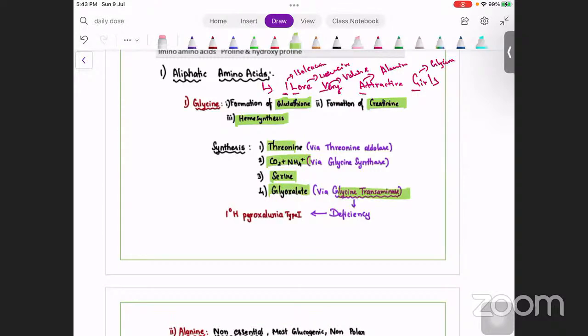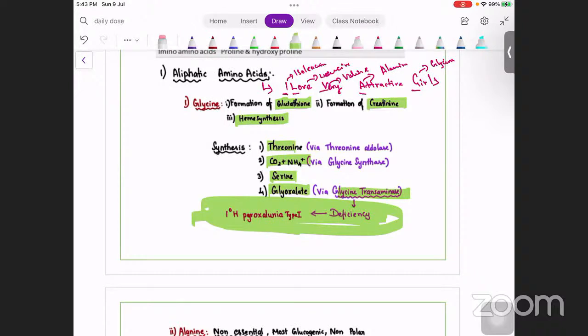And primary hyperoxaluria type 1 is due to the deficiency of this glycine transaminase. Very, very important MCQ. Primary hyperoxaluria is a classical hyperoxaluria, which is due to the enzyme defect of glycine transaminase.